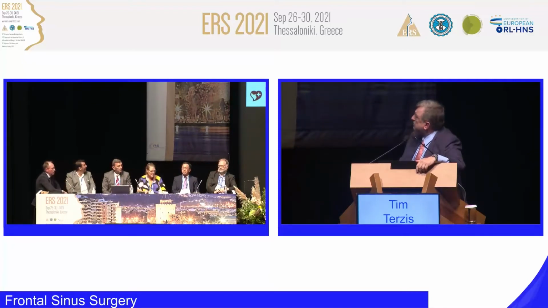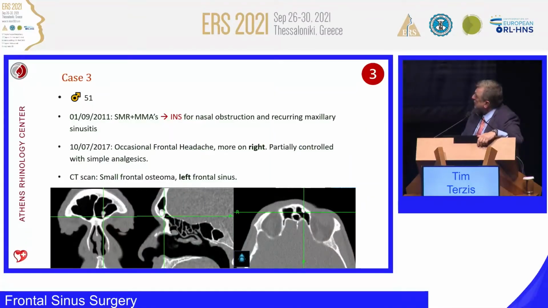Yeah, absolutely. So case 3, a 51-year-old male. In the past, he had a septoplasty, followed by intranasal steroids. Six years later, he came back with some mild frontal headache, more on the right side, which was okay with analgesics.